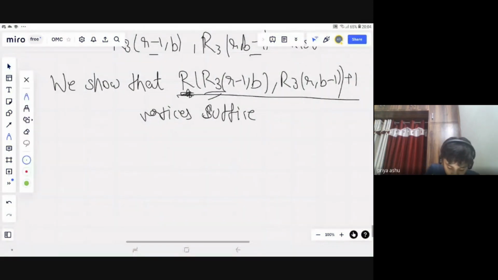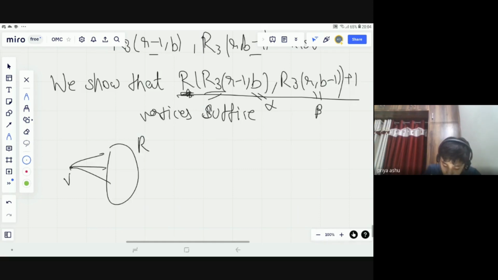As always, we take a vertex V and call the first number alpha and the second number beta. V has R of alpha comma beta edges. Again, these edges are not colored, they are just edges defined in the graph. We're coloring triangles now.